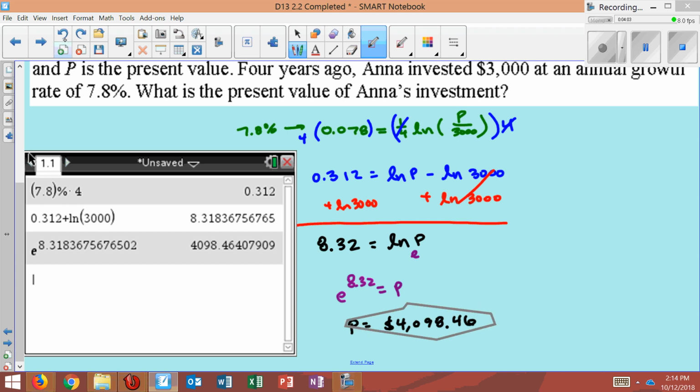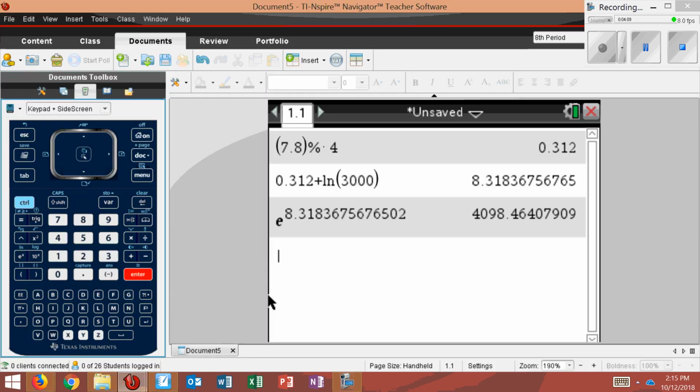Now let's check some of those other techniques that I mentioned a second ago. Let's try nSolve. Let's see if it would have given us the right answer or if it would have given a different one. I'll go to menu, 3 for algebra, 1 for numerical solve, and I'll type in the values.